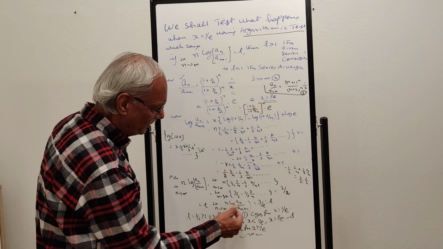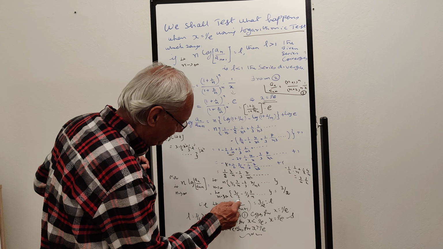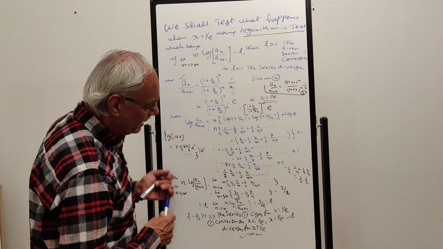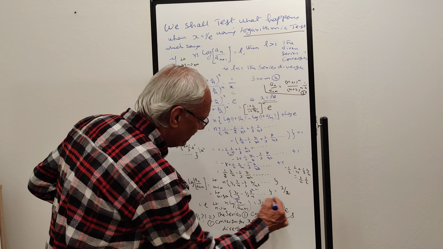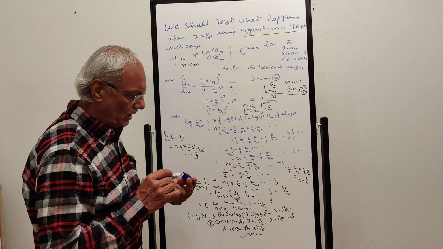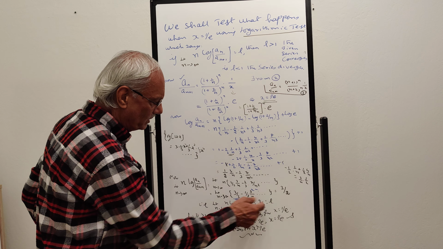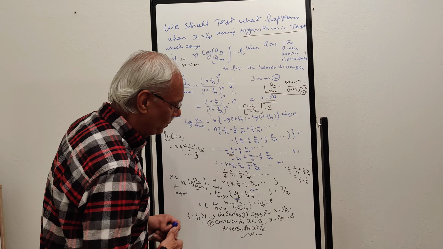Allow n to tend to infinity. This term will not get affected because there is no n, but all other terms will become 0 because you get n in the denominator, leaving you only with 3 by 2. That is, L is equal to 3 by 2.